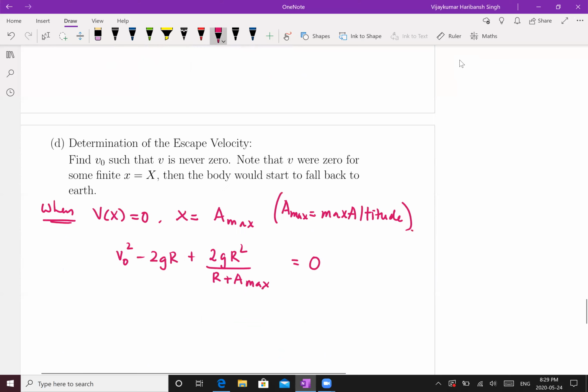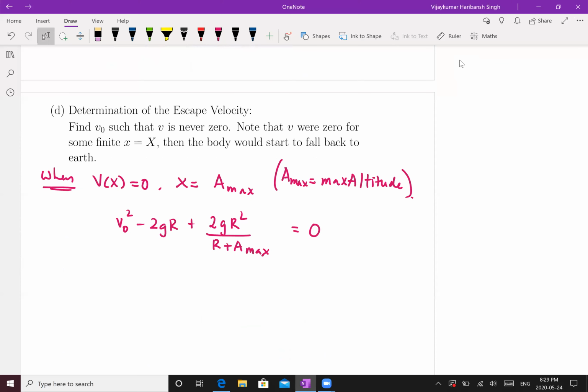And now from here, we want to find an expression for a max. So what you can do is bring this on the other side. So you get v0 square minus 2gr equals 2gr square upon r plus a max with a negative sign.